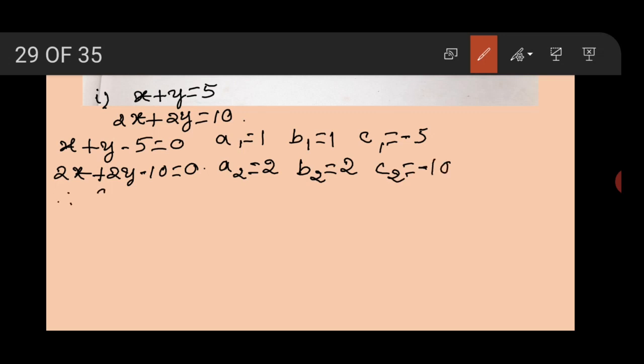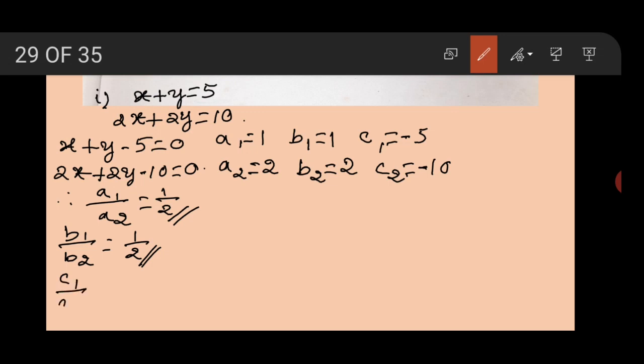Therefore, find the a1 divided by a2 ratio. a1 is 1, a2 is 2. So 1 by 2. We obtained the ratio a1 by a2 is equal to 1 by 2. Again see b1 divided by b2. It is equal to 1 divided by 2. Both are equal. Ratios are equal. Then we have to find c1 divided by c2.